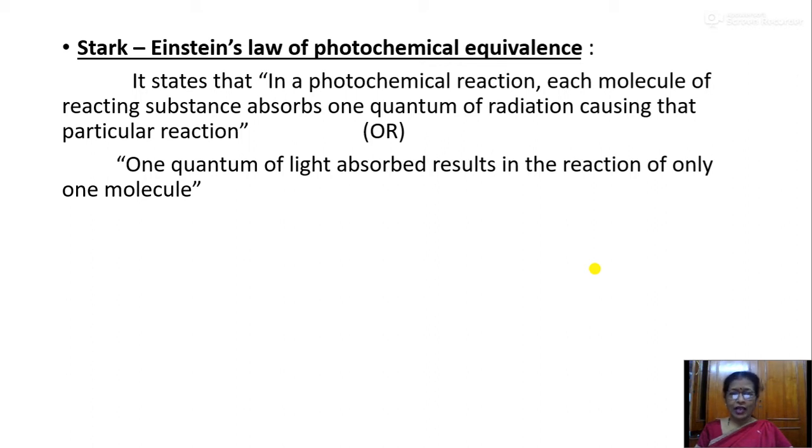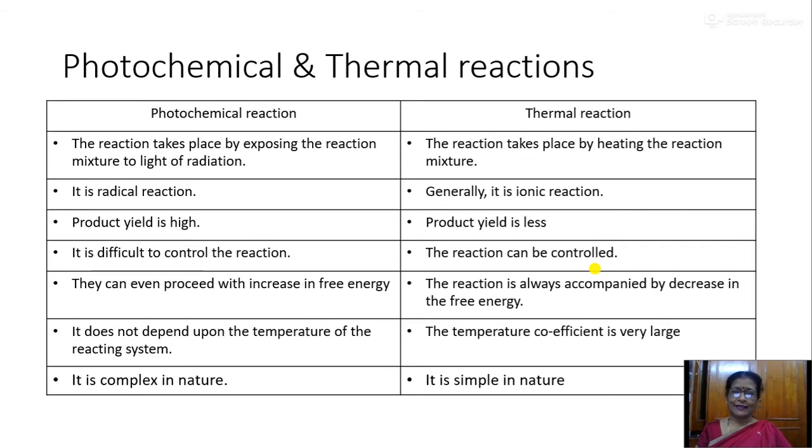Here, when it absorbs one quantum of light, the reaction will take place only due to one molecule. One molecule absorbs one quantum of the light. This is what Stark-Einstein's law of photochemical equivalence says.